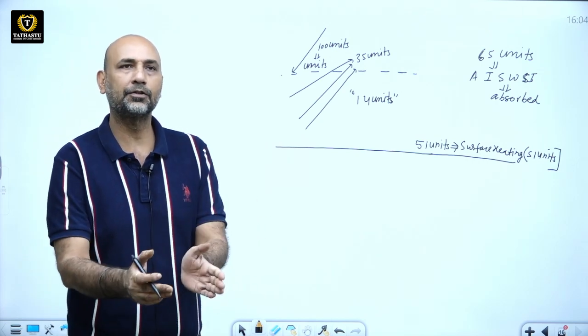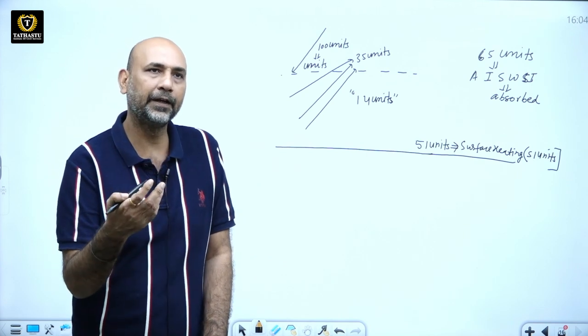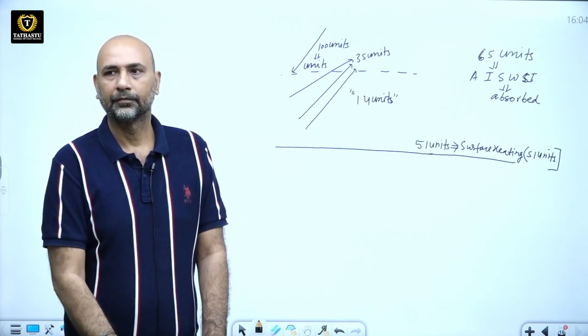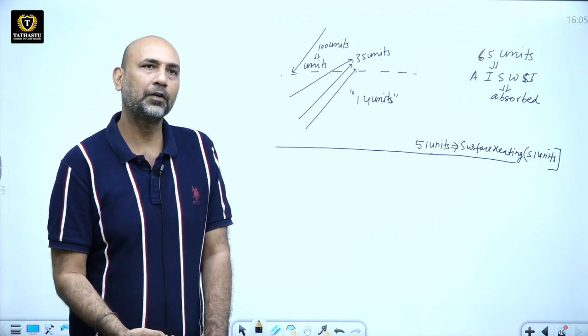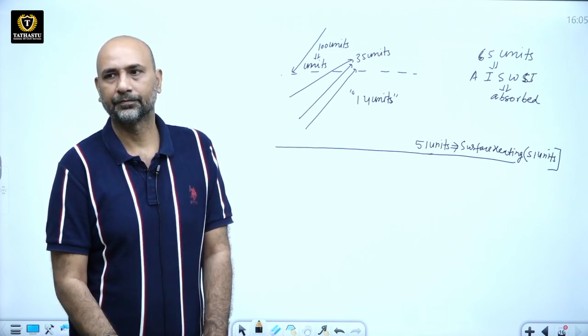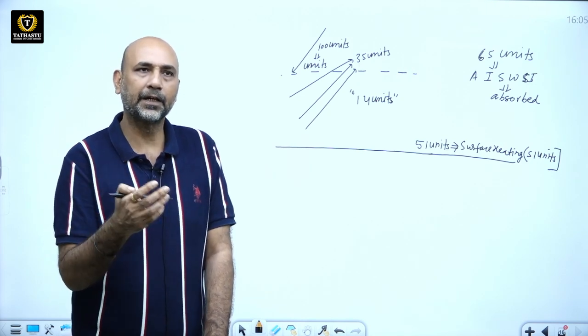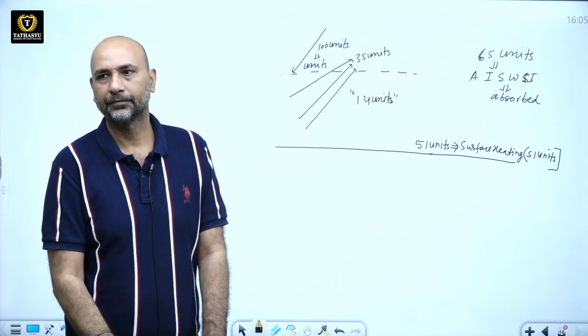Radiation is changing into heat. And remember that concentration of heat is known as temperature. Concentration of heat is indicated by the phenomenon known as temperature. So if the concentration of heat declines, temperature declines. If the concentration of heat increases, temperature increases.